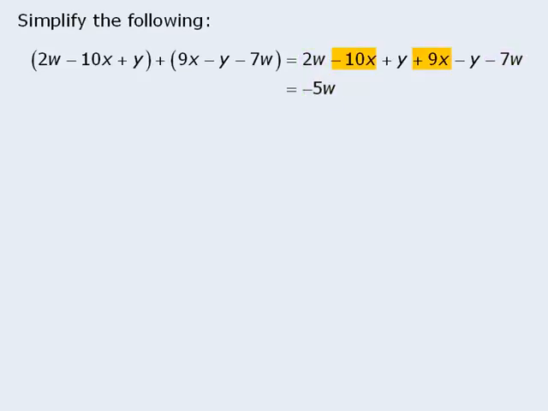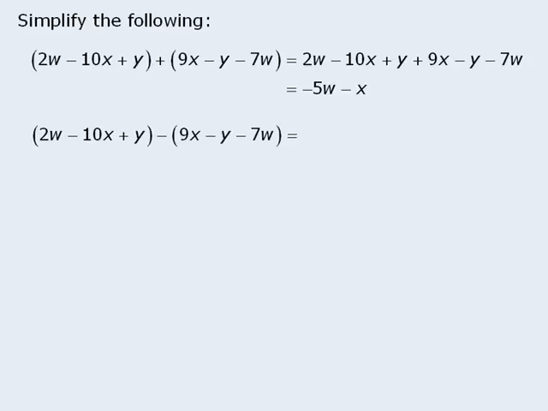Next, negative 10x plus 9x simplifies to be negative 1x or minus x. And finally, positive 1y and negative 1y cancel out, leaving us with no y's. So the expression on the left simplifies to be negative 5w minus x.